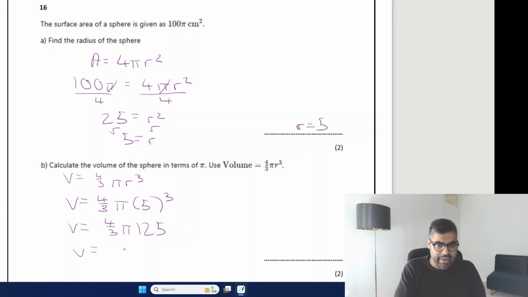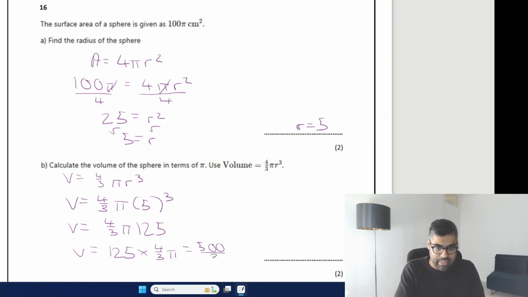So I'm going to rewrite it as 125 times 4 over 3 pi. Okay, so we need to do 125 times 4, which gives us 600. Actually, that's incorrect. 125 times 4 gives us 500.